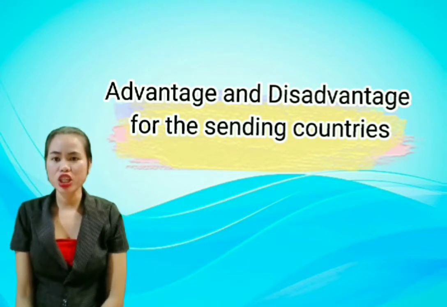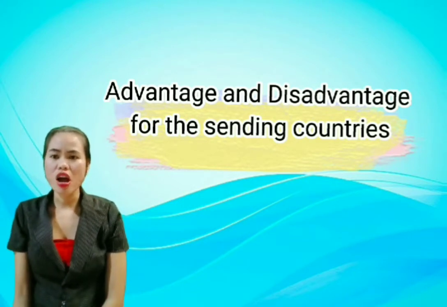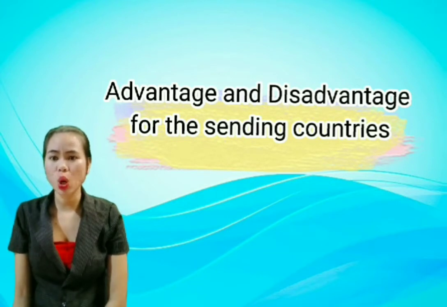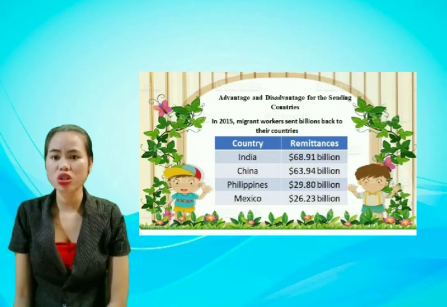Advantages and disadvantages for the sending countries. Even if a huge percentage was given by migrant workers to their host countries, still they have sent billions back to their home countries. In 2015, India held the highest recorded remittance, $68.91 billion, followed by China, $63.94 billion, the Philippines, $29.80 billion, and Mexico, $26.23 billion.